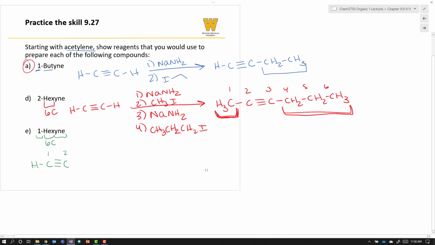Carbon 1 is where the alkyne starts. Then 2 carbons on, 3, 4, 5, 6. Make sure that adds up. So that's what we're making. Sorry, I drew that first one too far to the left, but that's okay. We'll draw our acetylene over here. This is our starting material.